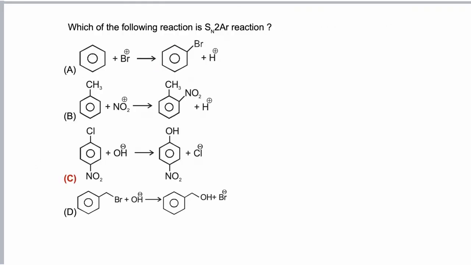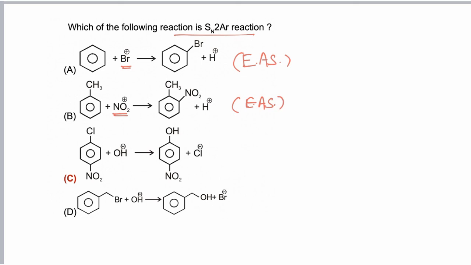In this question we have to find which of the following reactions represents an SNAr reaction. The first reaction is electrophilic aromatic substitution, as Br electrophile is attacking and H positive is replaced. In the second case also an electrophile is attacking, so this reaction is also electrophilic aromatic substitution.